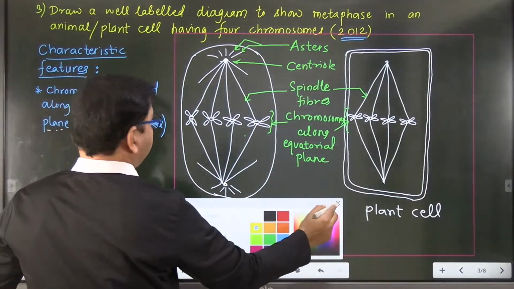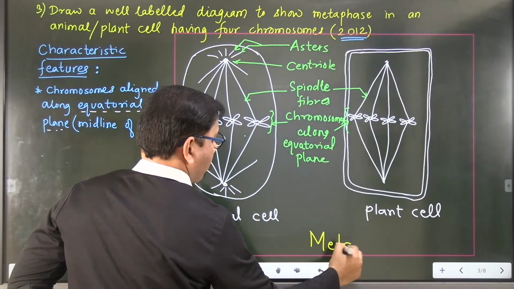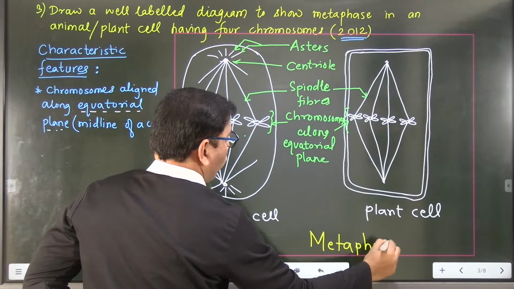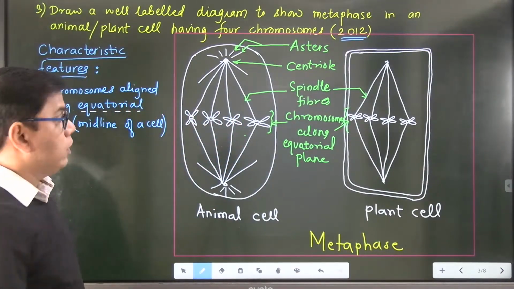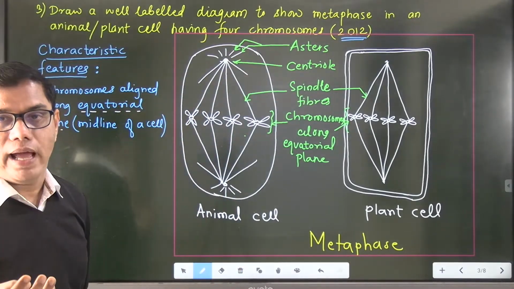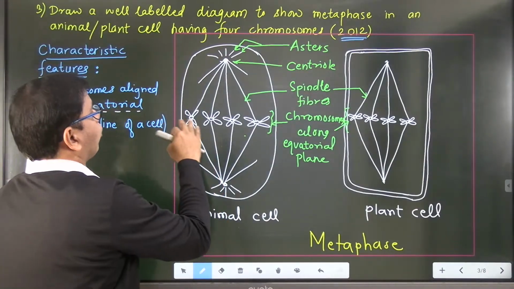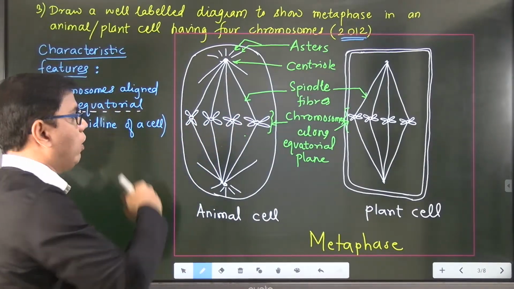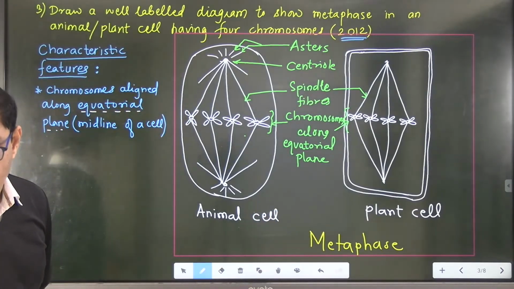And label this diagram, which is metaphase. If you know the diagram, अगर आपको diagram draw करने आता है, so what you can do, इससे related question answer आएंगे, जैसे like they ask you, name the phase, technical terms, name the phase when chromosome align themselves along the equatorial plane. So that phase is metaphase, right?